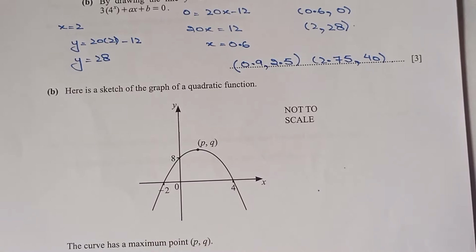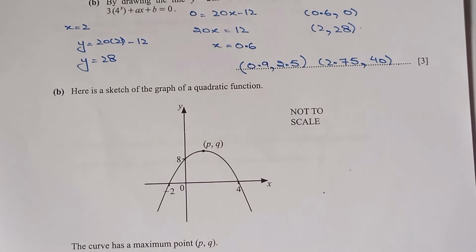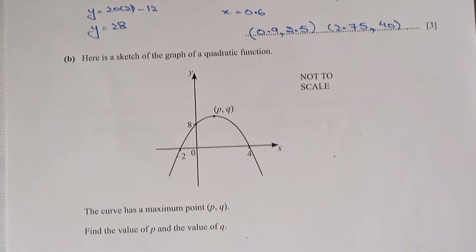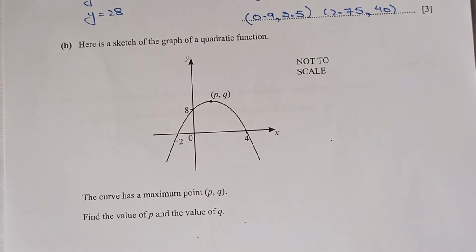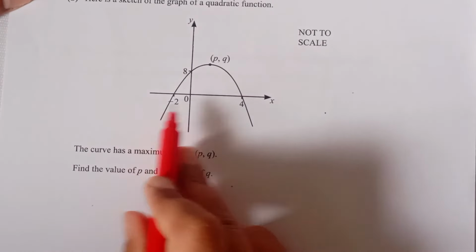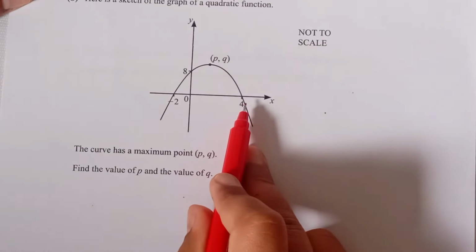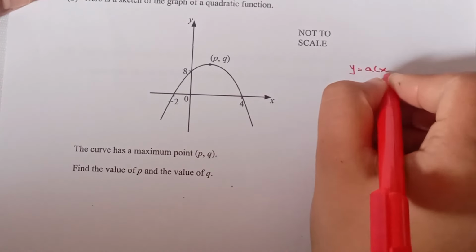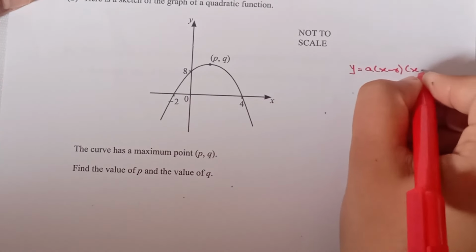Now for part B, here is a sketch of the graph of a quadratic function. The curve has a maximum point at P, Q. Find the value of P and the value of Q. And we have been given the two zeros. So we can use the factored form of a quadratic equation, which is y equals a, x minus r, times x minus s.